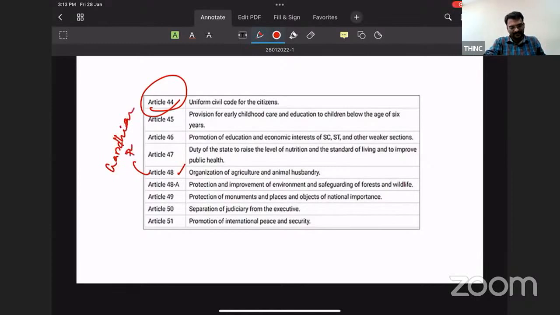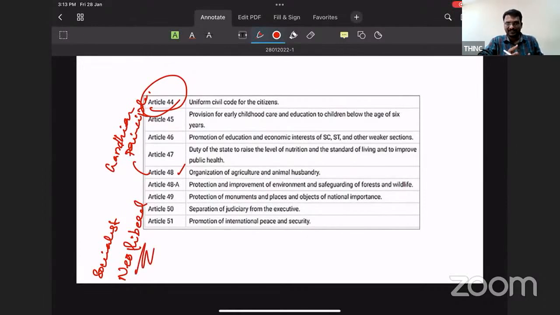In our DPSP, we can find Gandhian principles, socialist principles, and neoliberal principles. All these three types of principles we can find in the DPSP section of our constitution. Then organization of agriculture and animal husbandry, and protection and improvement of the environment and safeguarding of forests and wildlife, is also an important one.